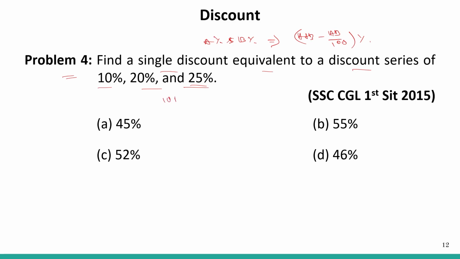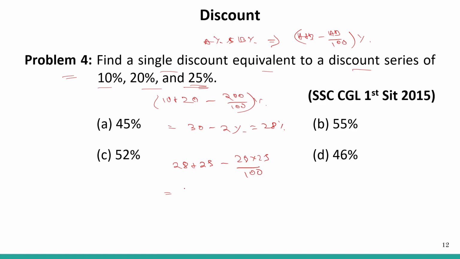So it will be 10 plus 20 minus 200 by 100%, right? So this much percentage equals 30 minus 2%, that is equal to 28%. Then simultaneously 25%. So 28 plus 25 minus 28 into 25 by 100. This will be the final equivalent percentage.